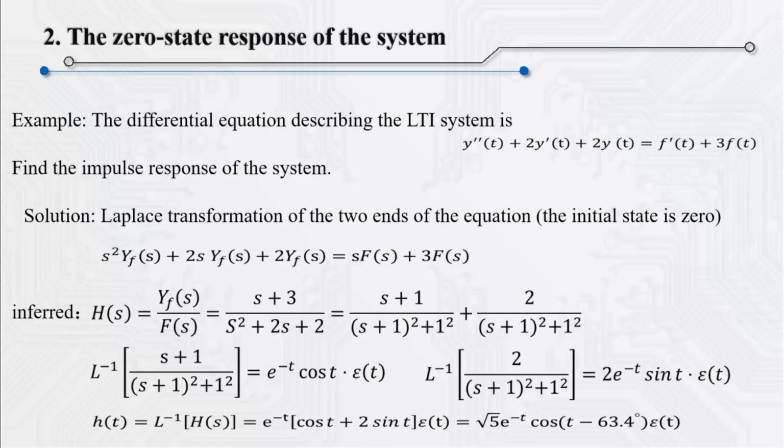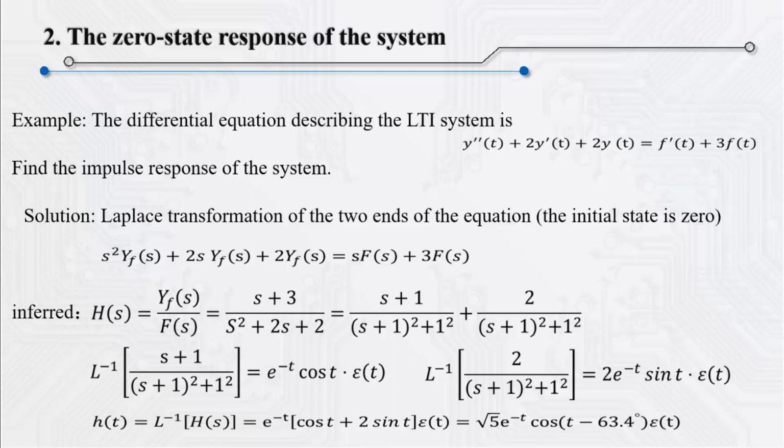Let's look at an example question. The differential equation that describes a linear time-invariant continuous system is y''(t) plus 2 y'(t) plus 2 y(t) equals f'(t) plus 3 f(t). Find the impulse response of the system. The impulse response is the zero-state response when f(t) equals delta(t).